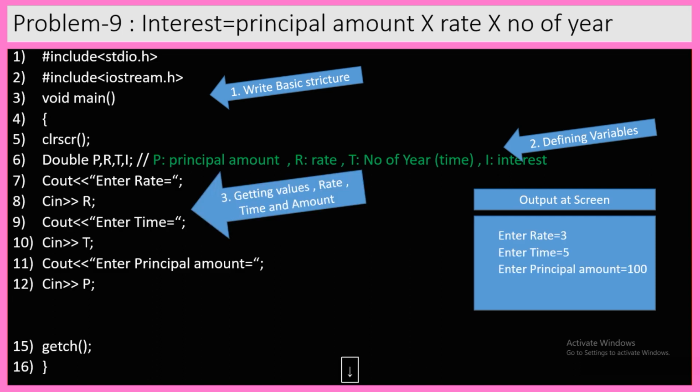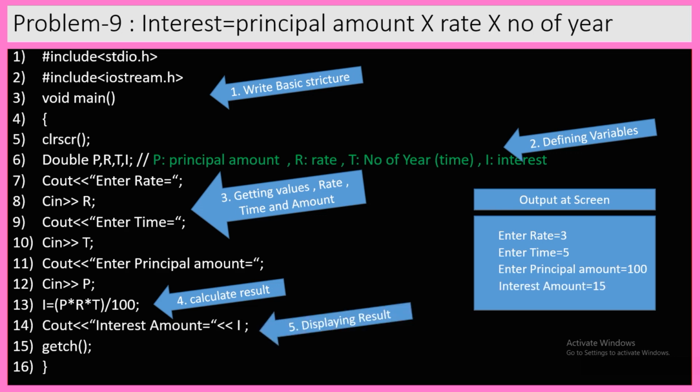In the third step, get the values of rate, time and amount. Fourth step, calculate the result. Interest is equal to P into R into T divided by 100. This is the formula for calculating interest. In the next step, show the interest amount, show the result.